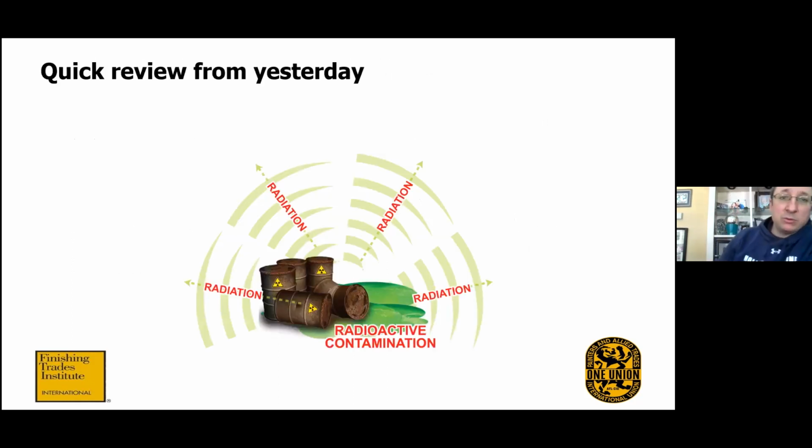Just a quick review from yesterday. One of the take-homes I want us all to remember is that radiation can extend out from its source. So how would you folks describe radiation after what we learned yesterday? Almost like a cloud of dust that just spreads.